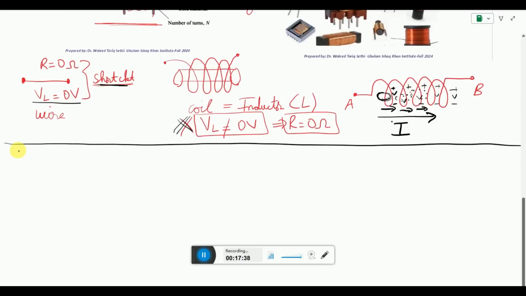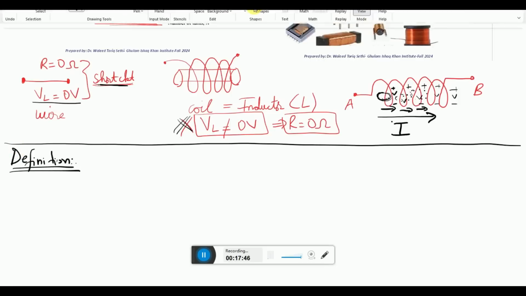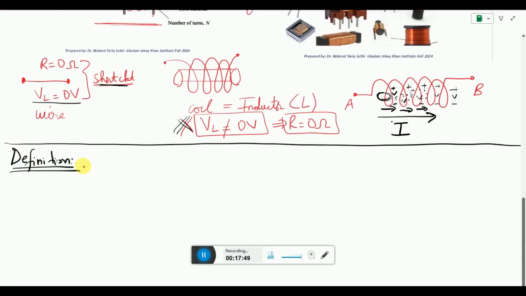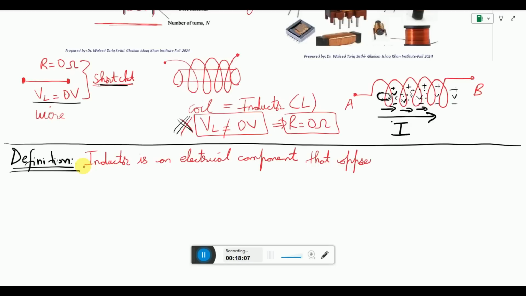If I want to define an inductor, I can say: an inductor is an electrical component that opposes the change of electric current.